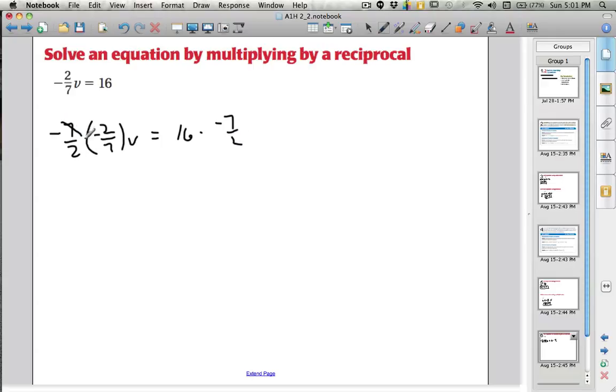And I do that because the 7's will cancel, the 2's will cancel, negative times negative becomes positive, and this just becomes v. And here the 2 will cancel with the 2 in the 16, leaving 8, and 8 times negative 7 is negative 56. And that's multiplying by a reciprocal.